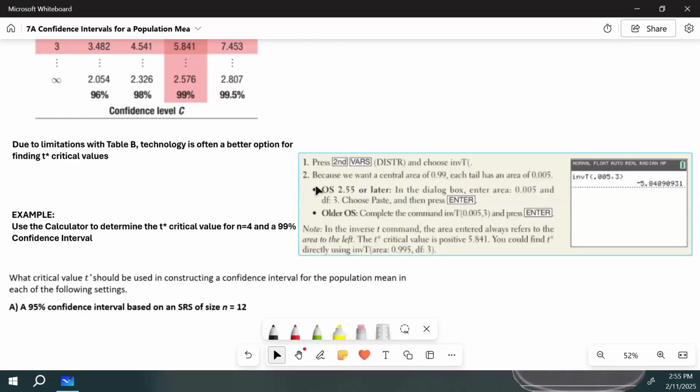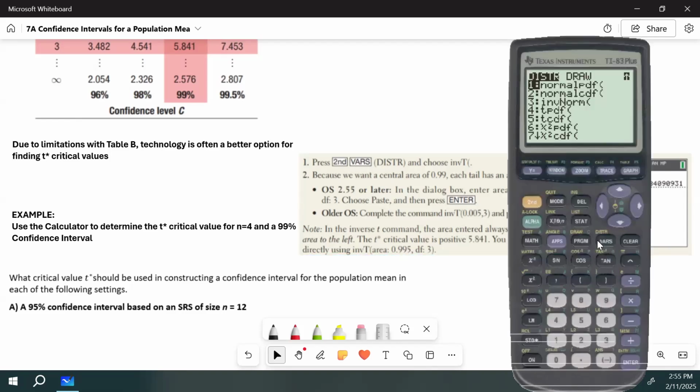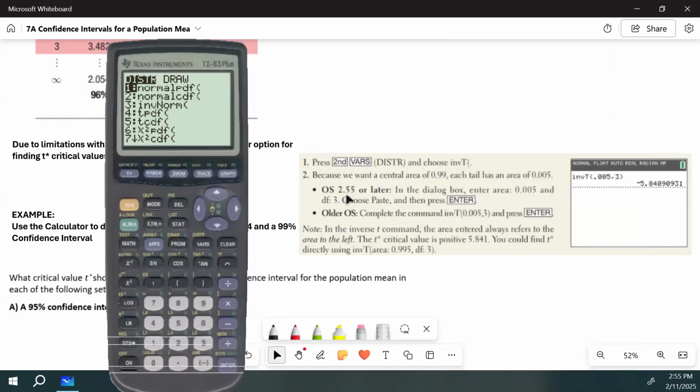So the steps would be you press second and then variables, to get to the distribution menu. And then you'd scroll down to inv T, which this calculator, being a very early version, doesn't have. So I just have inverse norm. You're not going to want to use that, but you can follow the steps here.